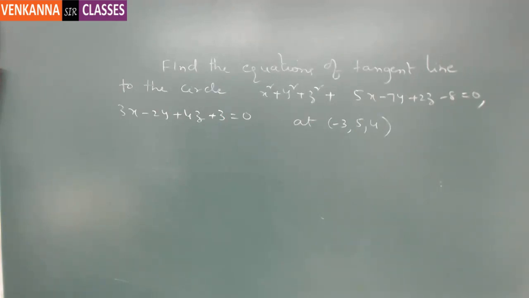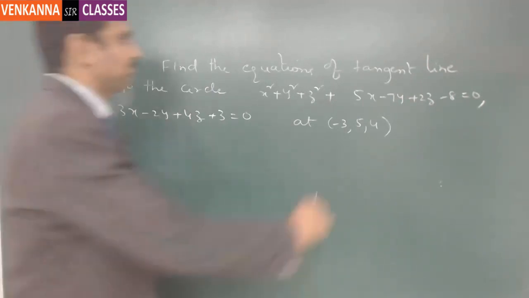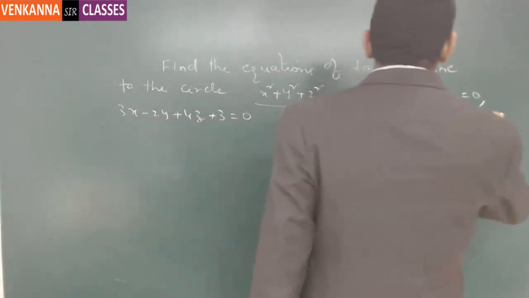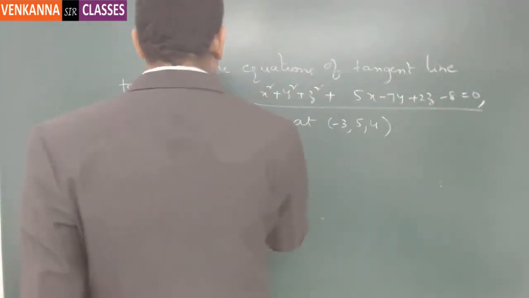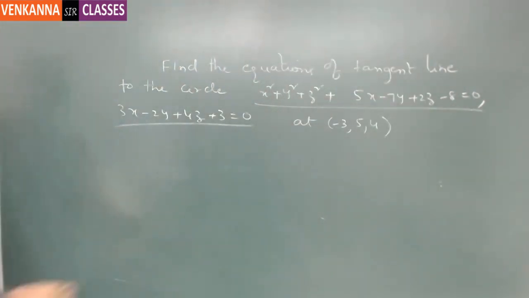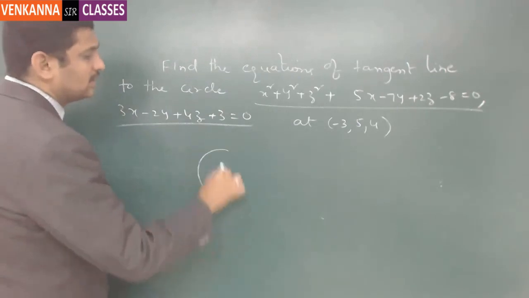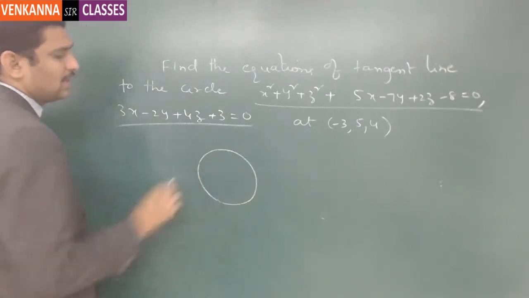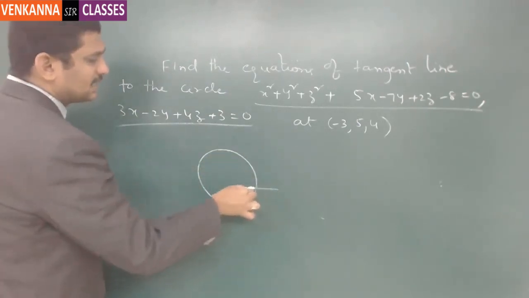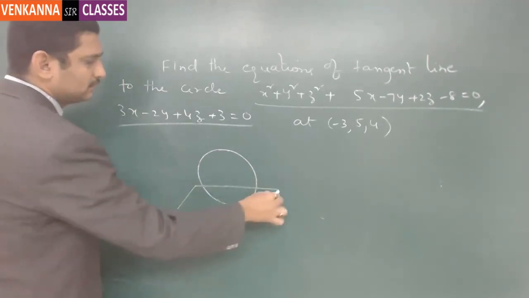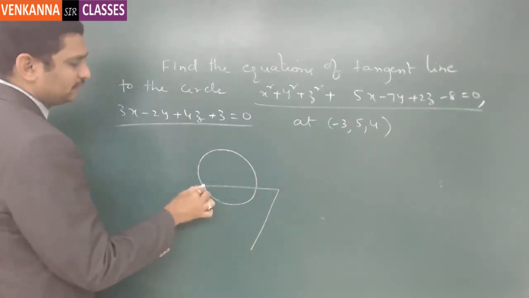Now, if you want to draw a small picture, it is given that we have a circle here. This is the required sphere. The sphere is intersected by a plane, so you will get a circle.